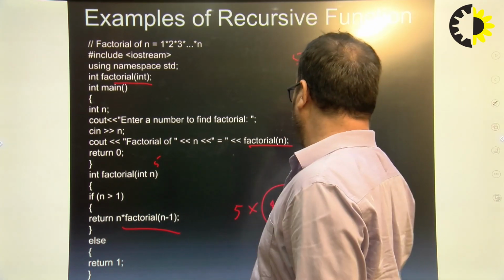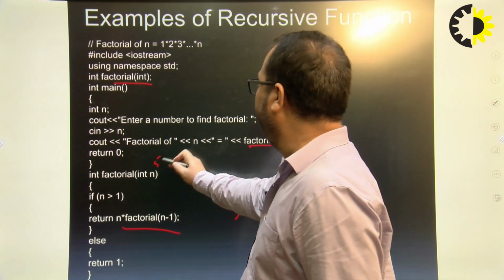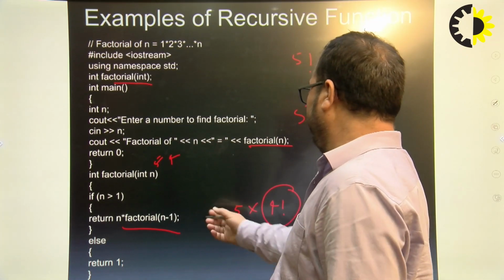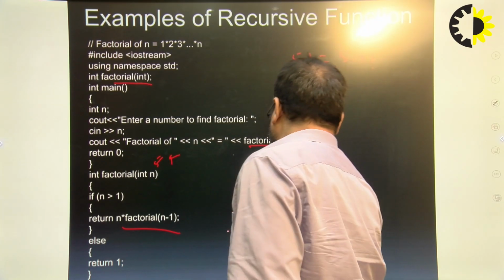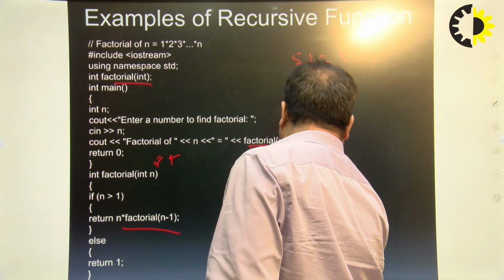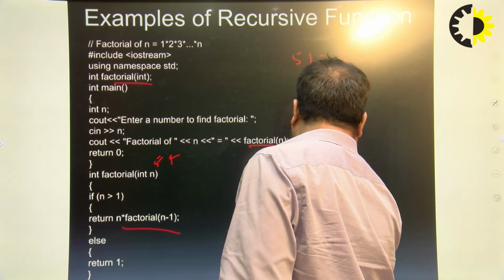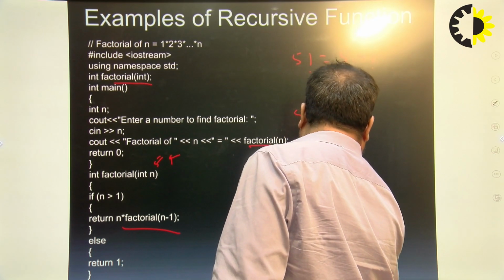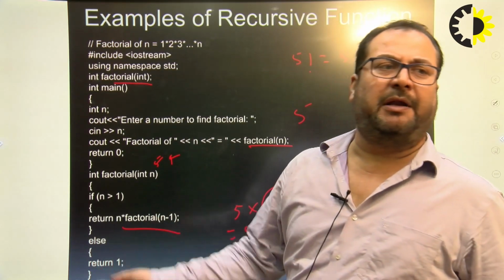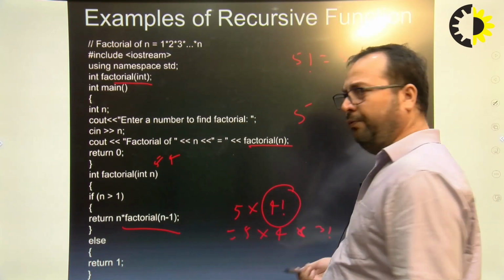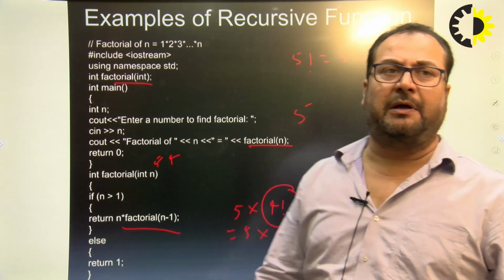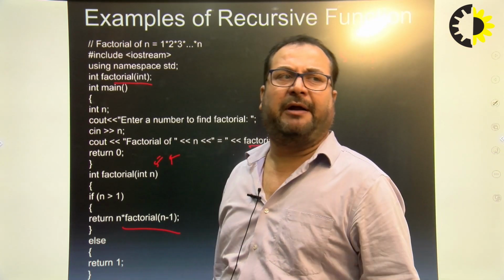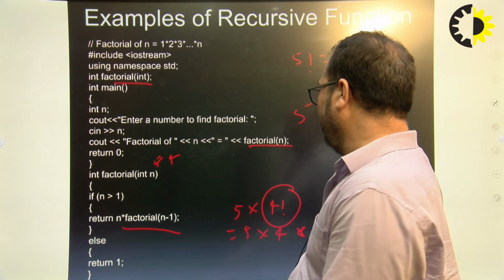Now n is 4, and it will simply call 4 into factorial 3, and so on. Similarly, 5 into 4 into 3 into 2, factorial 2, and once it gets 2 into factorial 1, and factorial 1 is 1. Okay.